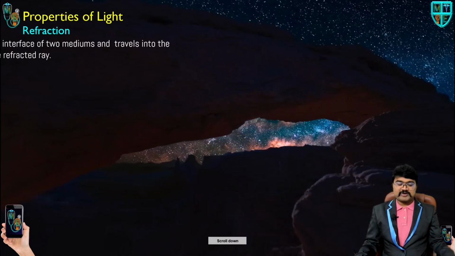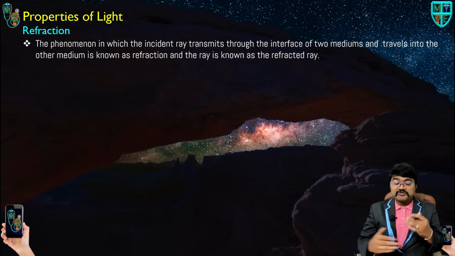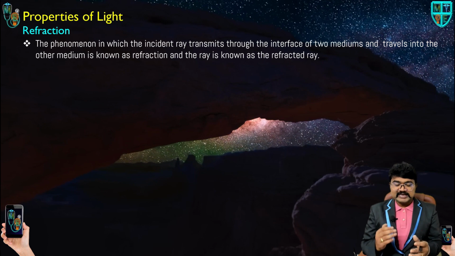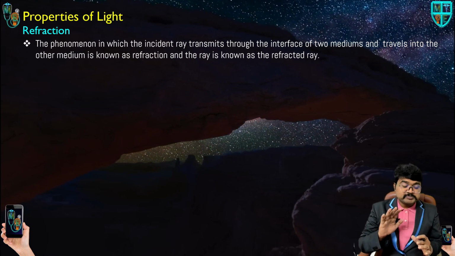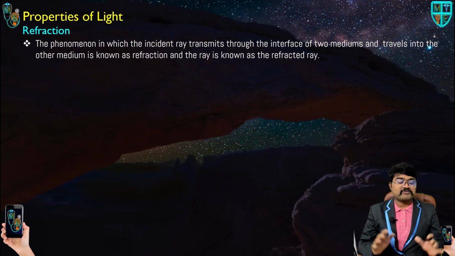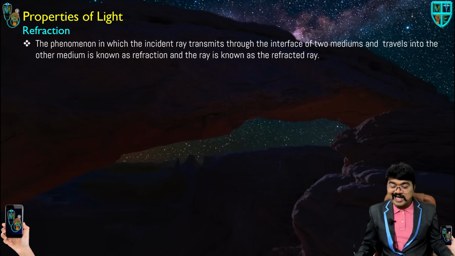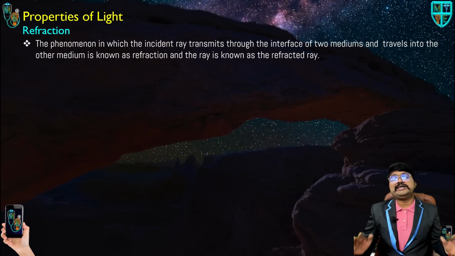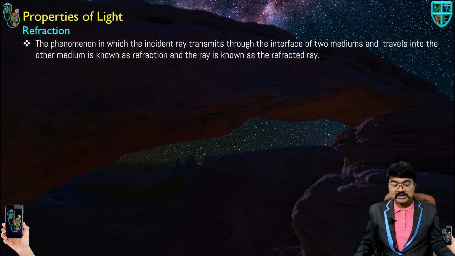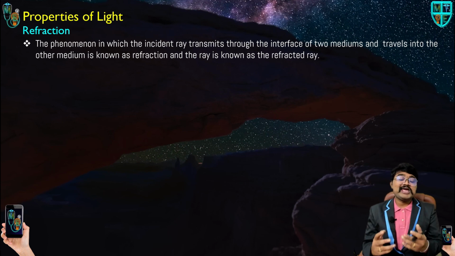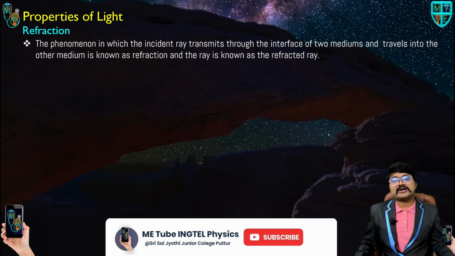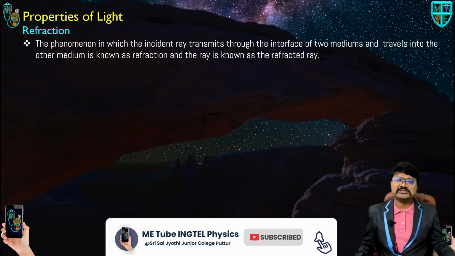What is meant by refraction? The phenomenon in which the incident ray transmits through the interface of two mediums and travels into the other medium is known as refraction, and the ray is known as the refracted ray. We already discussed this part.